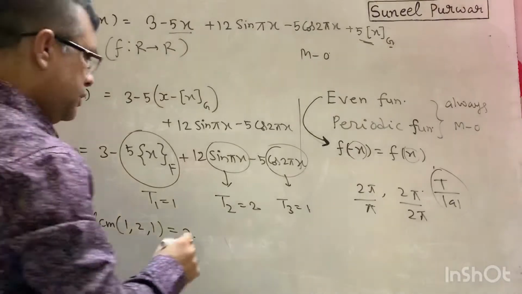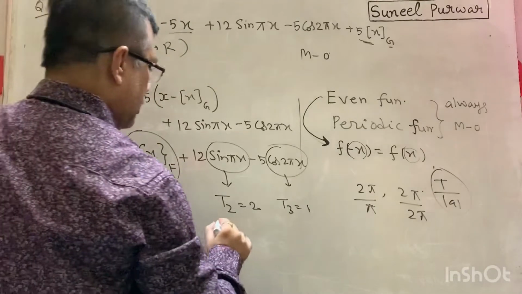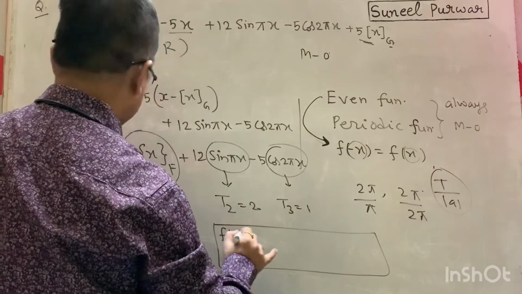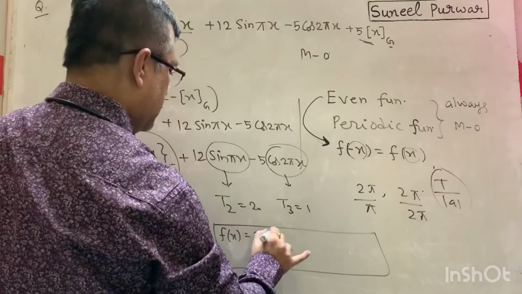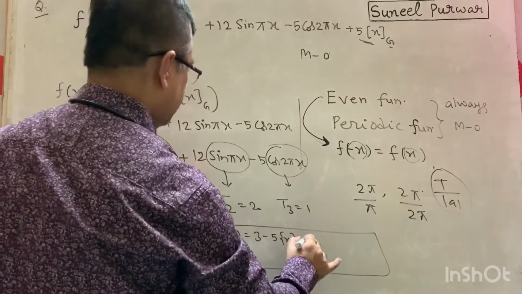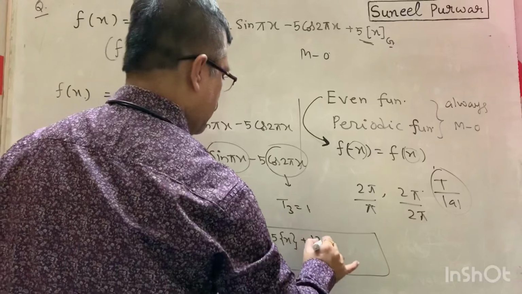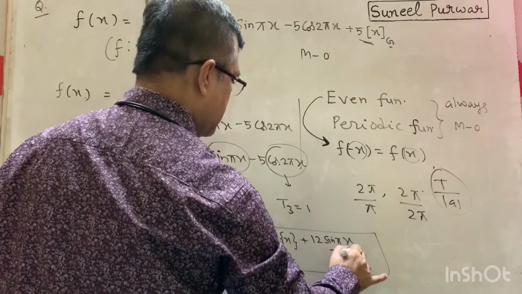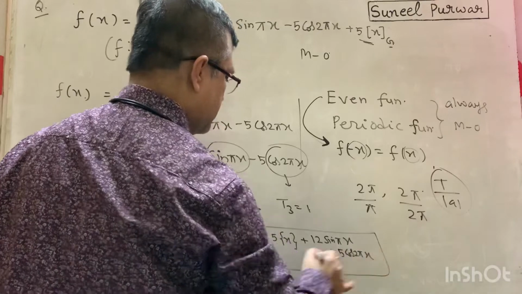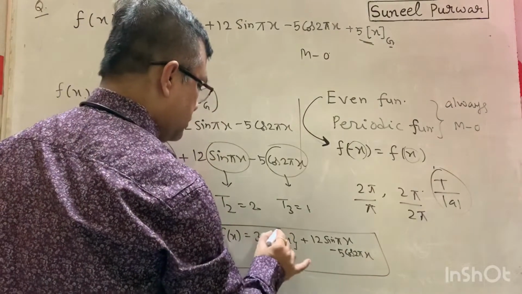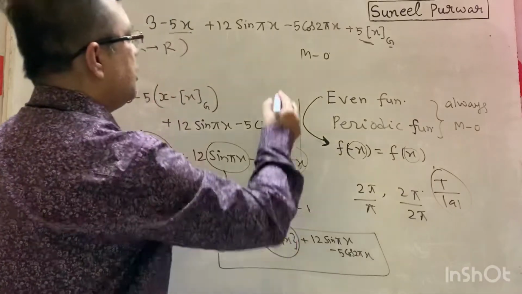Now you see, f of x is equal to 3 minus 5 times the fractional part of x plus 12 sin pi x minus 5 cos 2 pi x. What is the range of the fractional part of x?